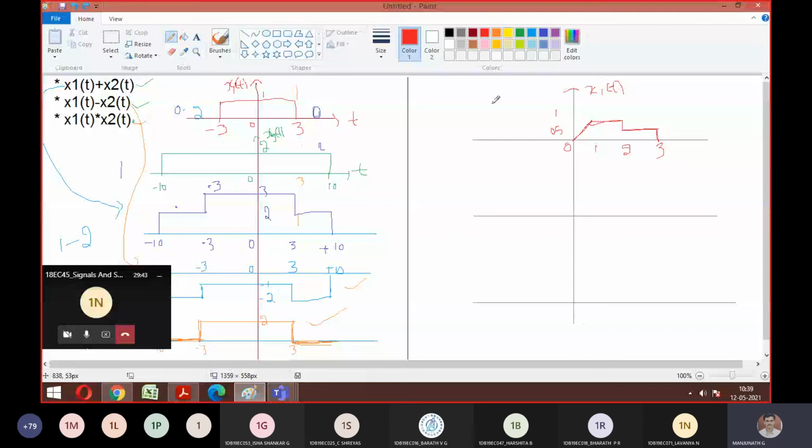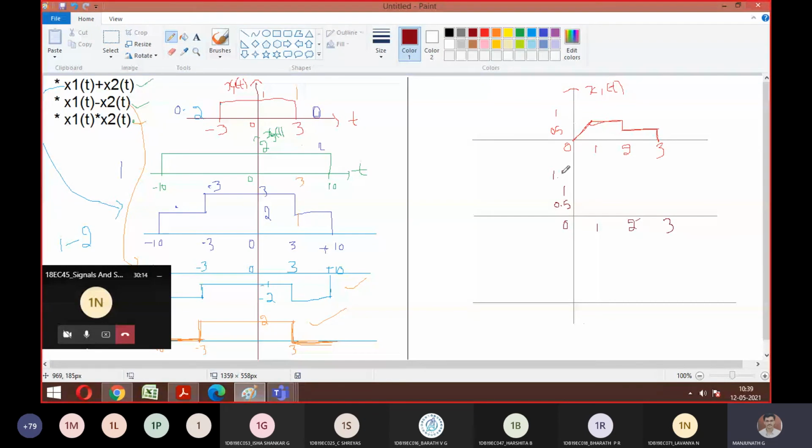Again they are given duration as 0, 1, 2, and 3. They are given amplitudes as 0.5, 1, and 1.5. So you have 3 amplitudes here, 0.5, 1, and 1.5.